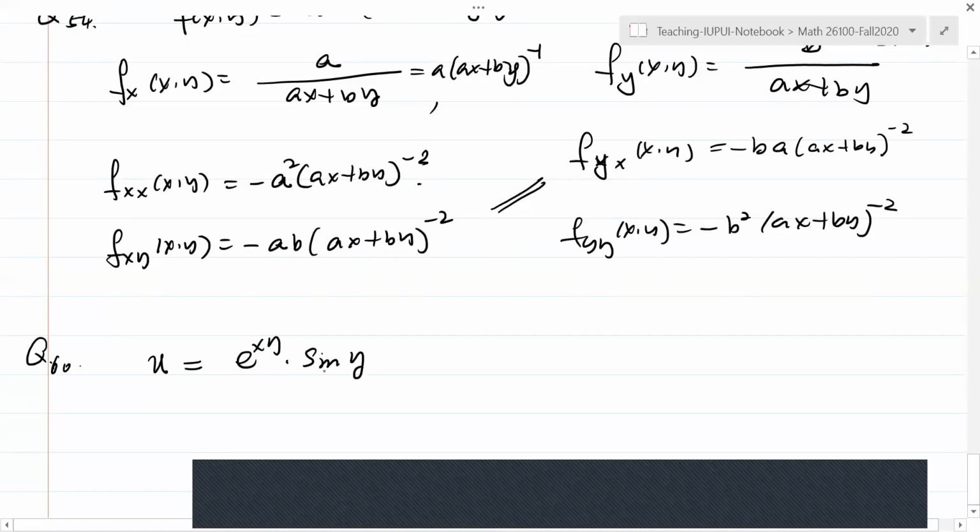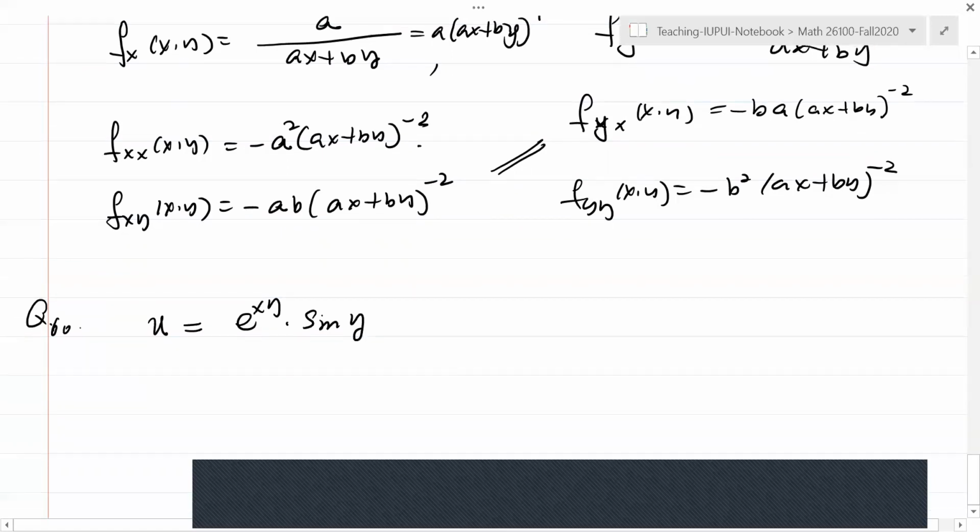Now what is our notation? Let's use this notation. Let u represent this expression, and then the notation will be like that, partial. You may be confused about notation.